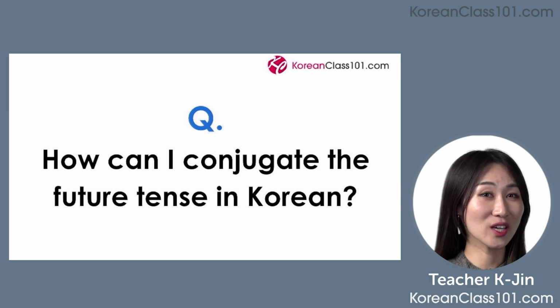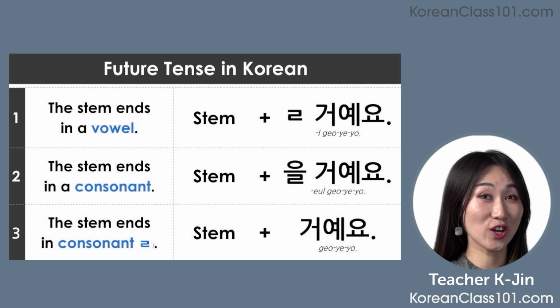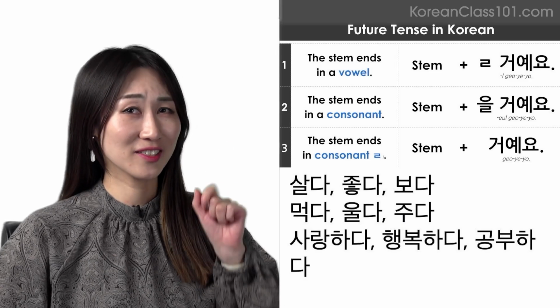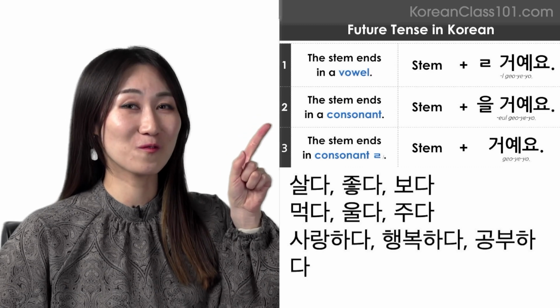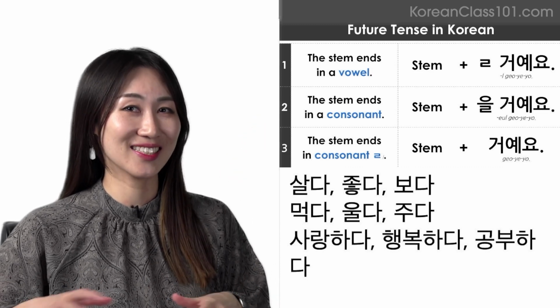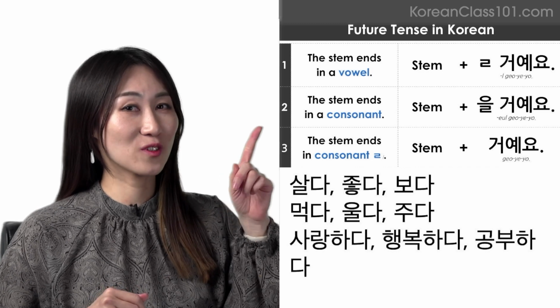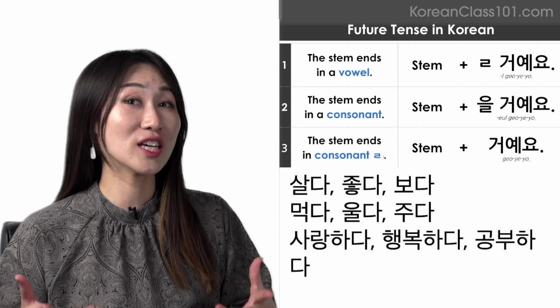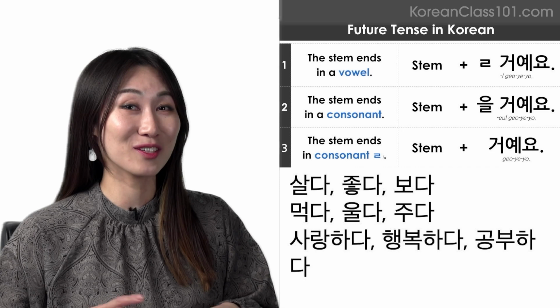Here's the last question. How can I conjugate the future tense in Korean? So this is a future tense chart for you. Save this and refer to it whenever you need to make the future tense in Korean. Now the future tense looks a little different from the present and past tense, but actually the conjugation is simpler. So let's look at it together.